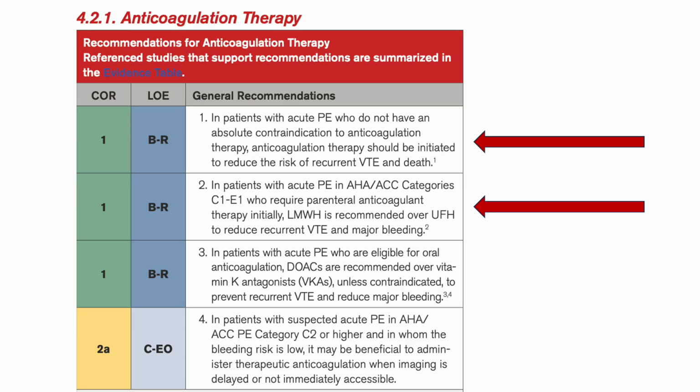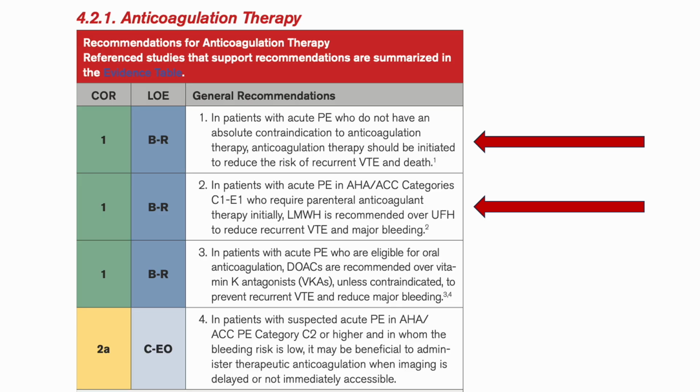Also, grade 1, in patients with acute PE who require parenteral anticoagulant, low molecular weight heparin is recommended over unfractionated heparin to reduce the incidence of recurrent thromboembolism and major bleeding. So, one, do anticoagulate. Two, give LMWH preferably.